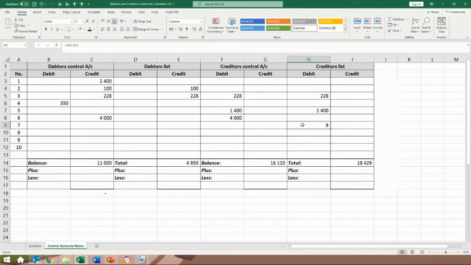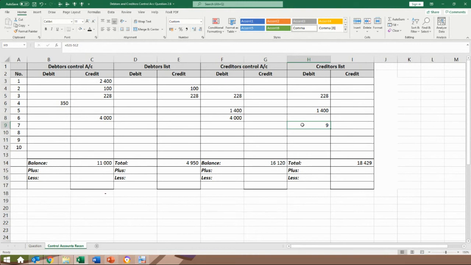What would have happened is when you did it in the creditors journal, it would have gone to your creditors control account as well as your creditors listing. But it should actually have gone to your debtors control account and your debtors listing. So in this instance, it will affect all 4 accounts.